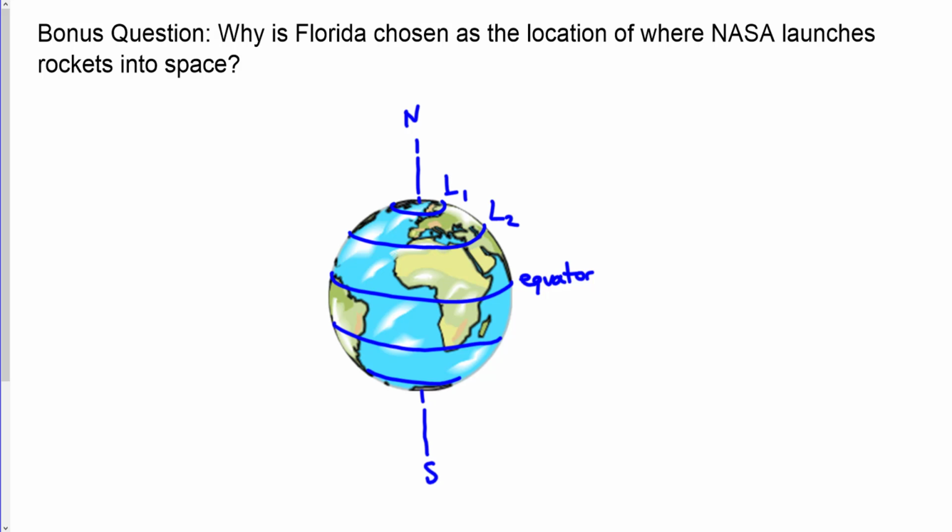Now, Florida, in terms of the continental United States, is the closest point to the equator, which means Florida is rotating faster than most other points on the United States.